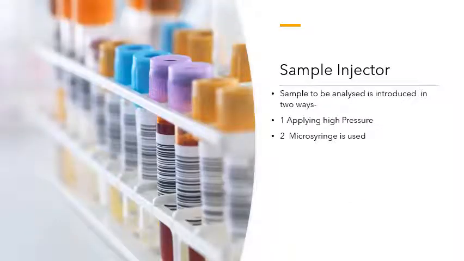The sample to be analyzed is introduced with the help of the sample injector. So after the HPLC pump, we have the sample injection system where we introduce our sample in two ways.